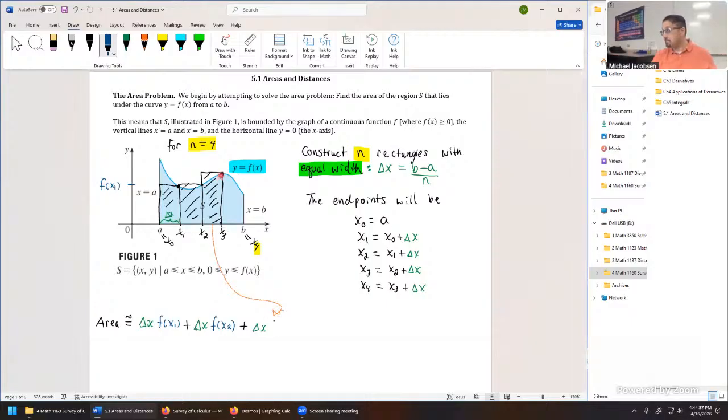That's just f at x3. Then one last one. At x4, we go up, hit the curve right where it terminates, go to that height, plug in the expression for the area of that one, that's plus delta x times f at x4. Or you could call it f at b if you prefer.